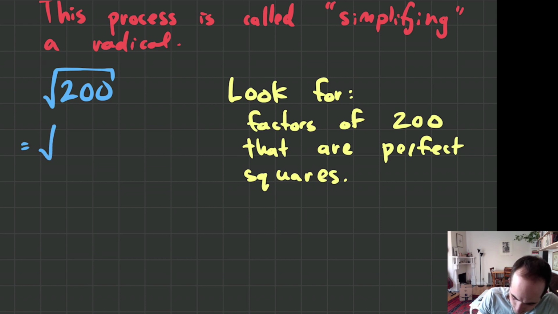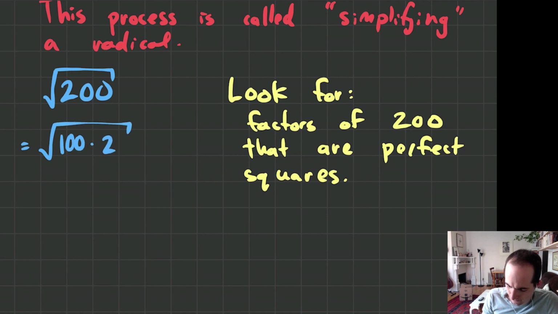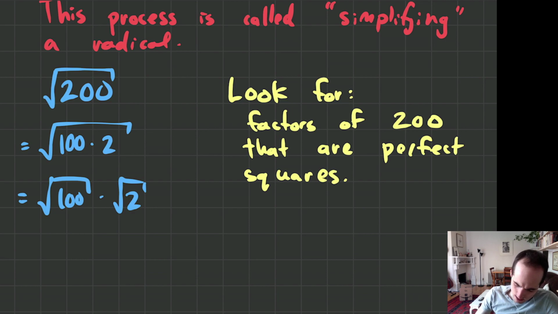So this is going to be the square root of 100 times 2, right? And that means this is equal to the square root of 100 times the square root of 2. The square root of 100 is just 10, and the square root of 2 is just the square root of 2. I can't simplify the square root of 2 at all.